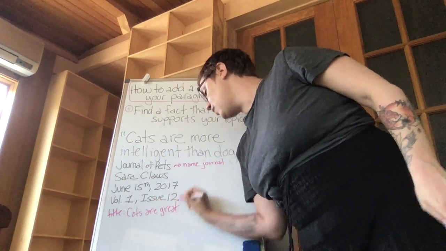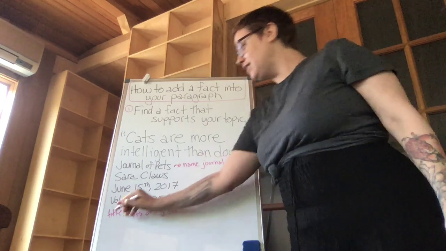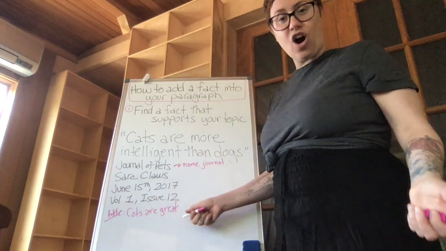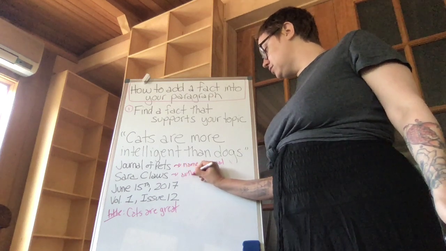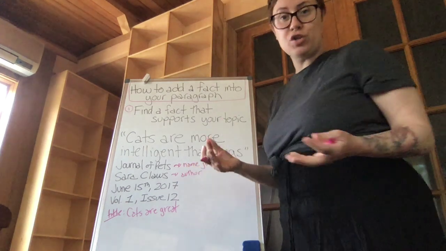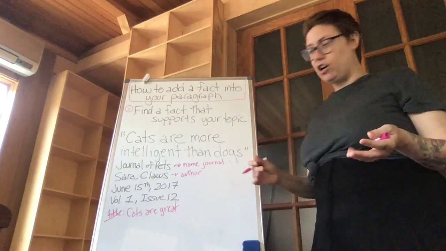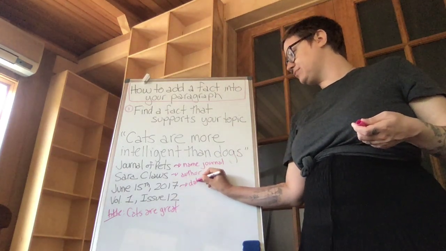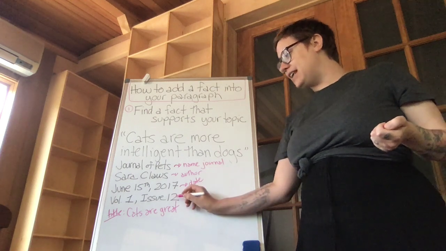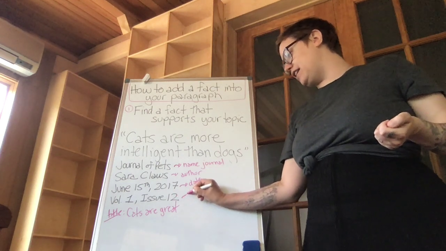This is the title of the article. This is the author, the person who wrote the article. This is the date it was written. And this is the volume and issue number.